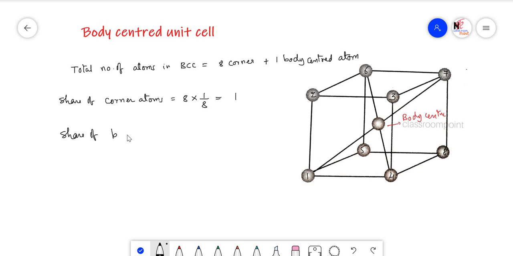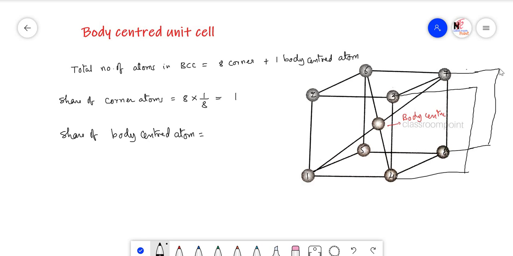And the share of the body-centered atom, that means the contribution from the body-centered atom. When an atom is placed at the center of the body of the cube, it will not be in touch with any other unit cell. Even if you develop one more unit cell, it will not be in touch with this unit cell or any other unit cells on that side. So the body-centered atom completely belongs to the particular unit cell.